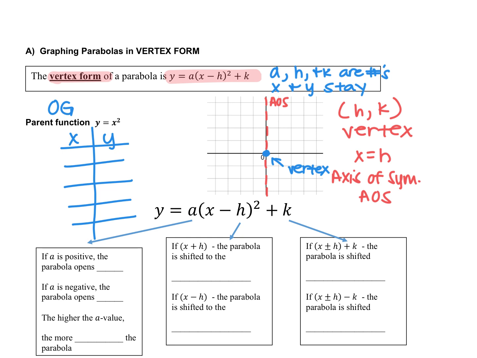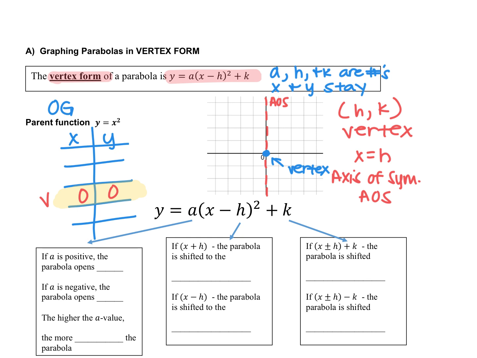For setting up these tables, because I'm going to do several of them today, the middle of our table is always reserved for our vertex. So in this case, (0, 0) goes in the middle. So there's 2 points above it and there's 2 points below it.